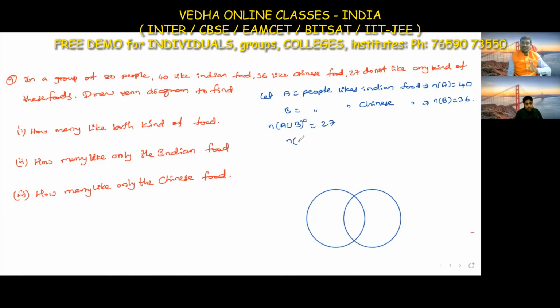And what is the total number of students here? The sample space, total number of students, is 80.